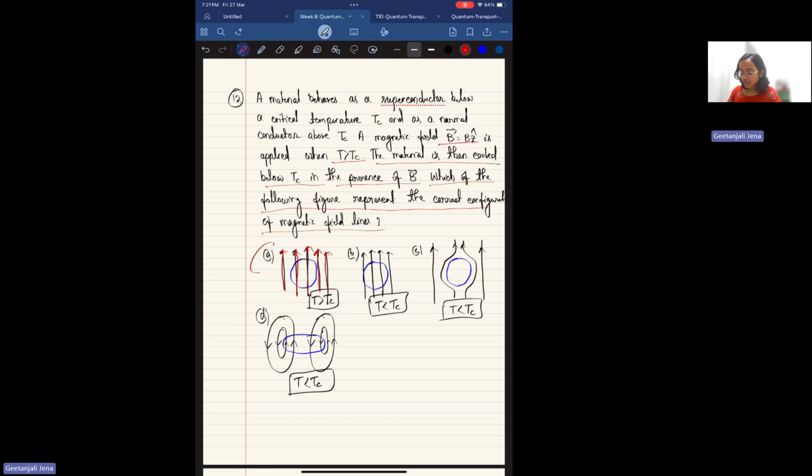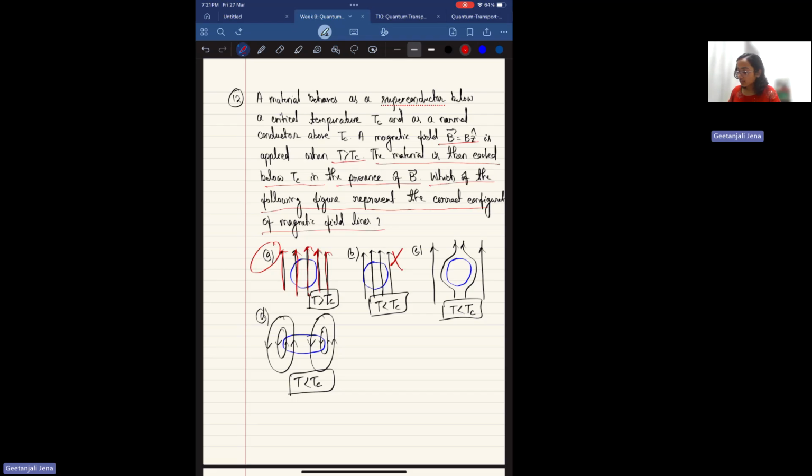So option A is one of the correct options. Let us see option B. Option B says for T less than Tc, still the field lines can pass through the superconductor, which is not true because superconductors repel the magnetic field lines when they are in superconducting states.